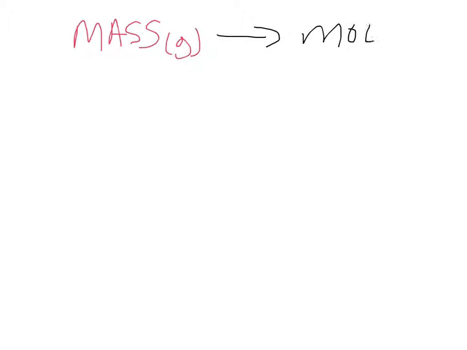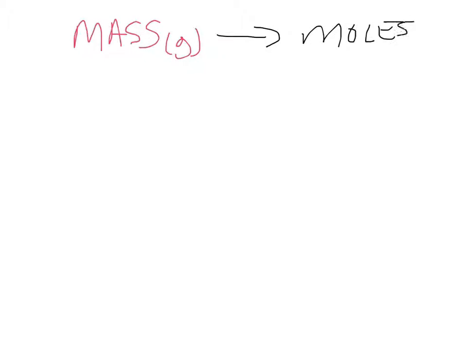Okay, now that you're good at calculating the molar mass of something and you understand how we're going to go from grams to moles, let's look at a real, specific application for chemistry. So we're going to write here, we're going from mass in grams to moles, right?